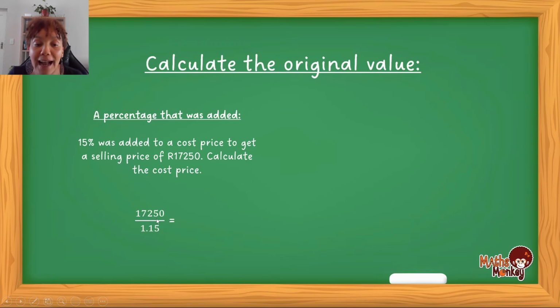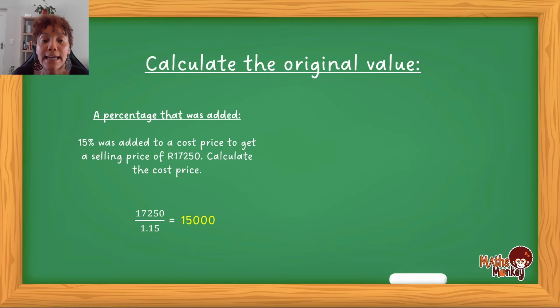So to find the original value, you take your end value, the value after the percentage, and divide it by 1.15. In this case, the answer is 15,000. So again, I didn't subtract 15%.